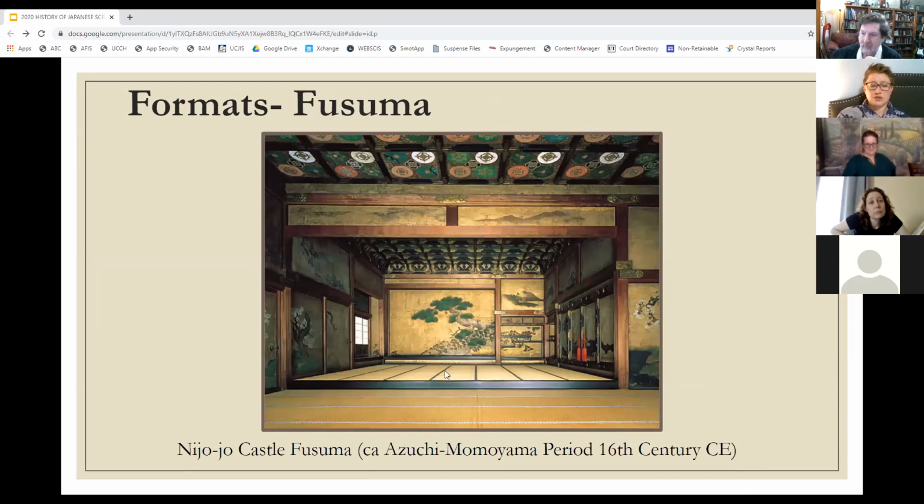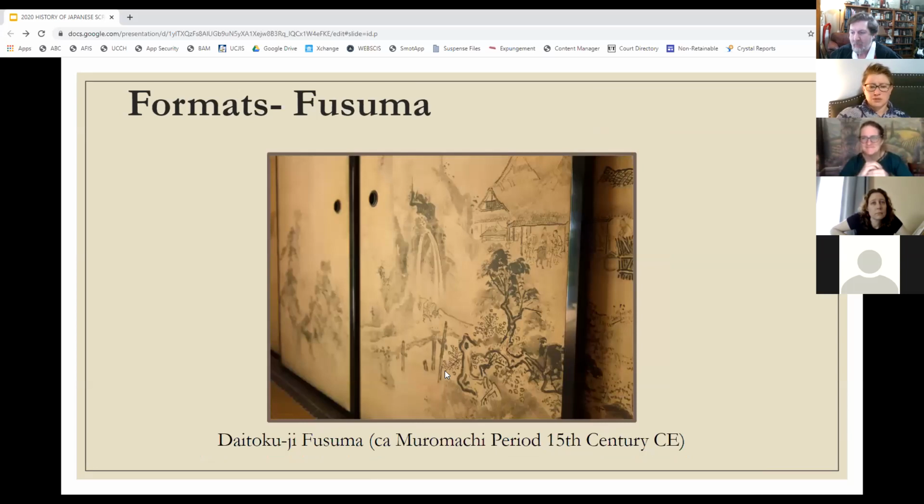This is that Nijo Castle in Fusuma. More details on those areas. But you can see that a lot of times they will use their heraldry on the top. You can see that on the ceiling panels, that they'll use themes from nature. A lot of it was natural themes.